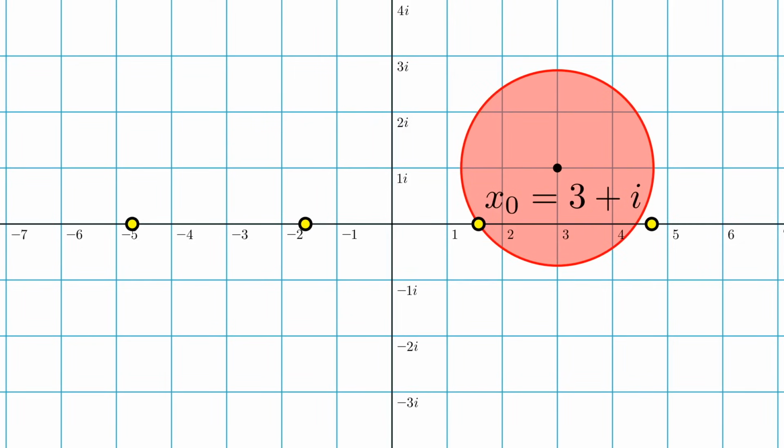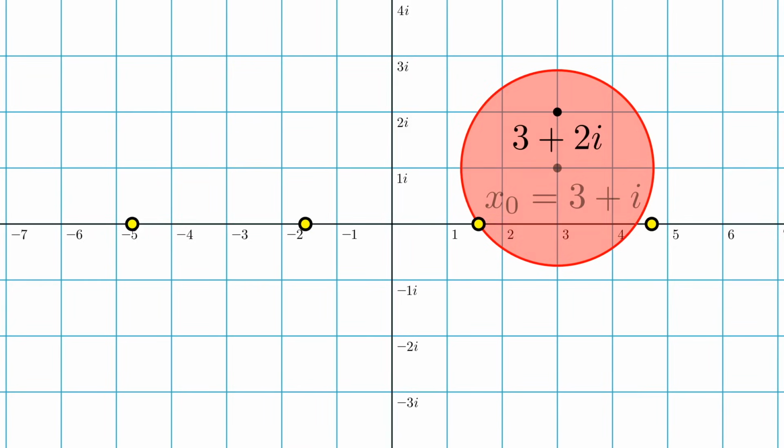And this disk now includes 3 plus 2i, and so I can now define tangent of 3 plus 2i using that Taylor series at this point. This process of using Taylor series to repeatedly extend a function into the complex plane is called analytic continuation.